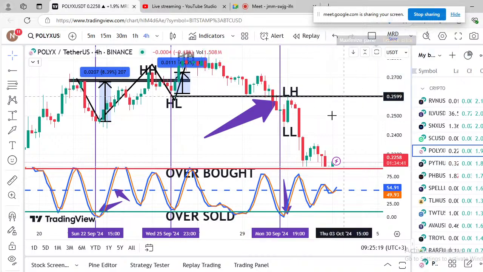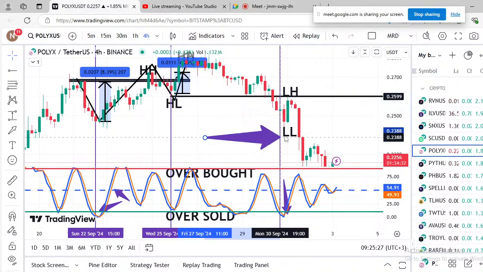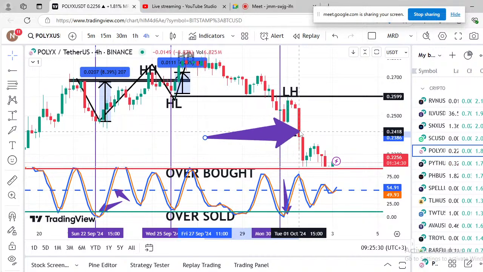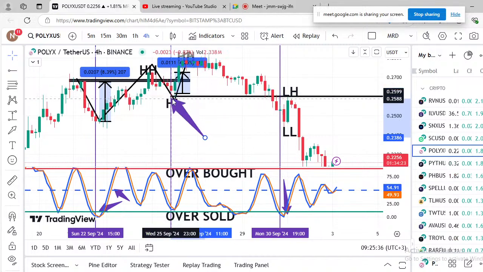Now, let us look at this point. We can see market breaking off our support line at this point. But again, we can see market after forming what we call a new lower low, we can see market pushing back to test the line, which was our support.